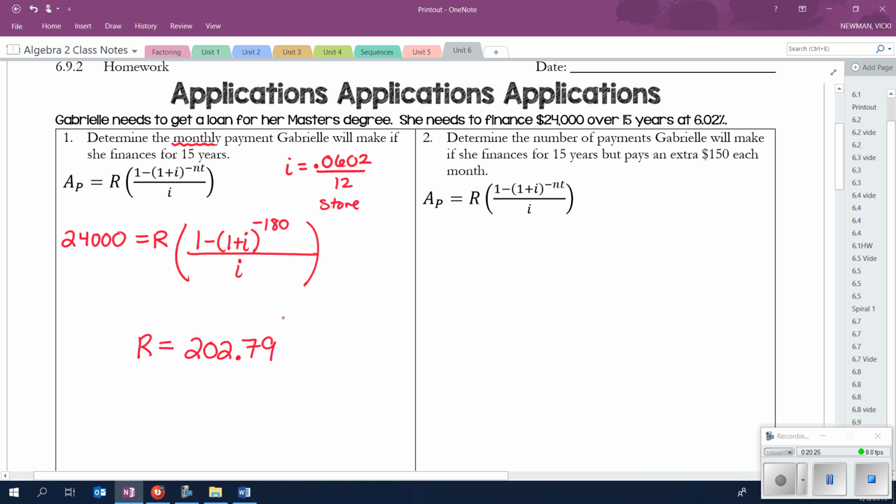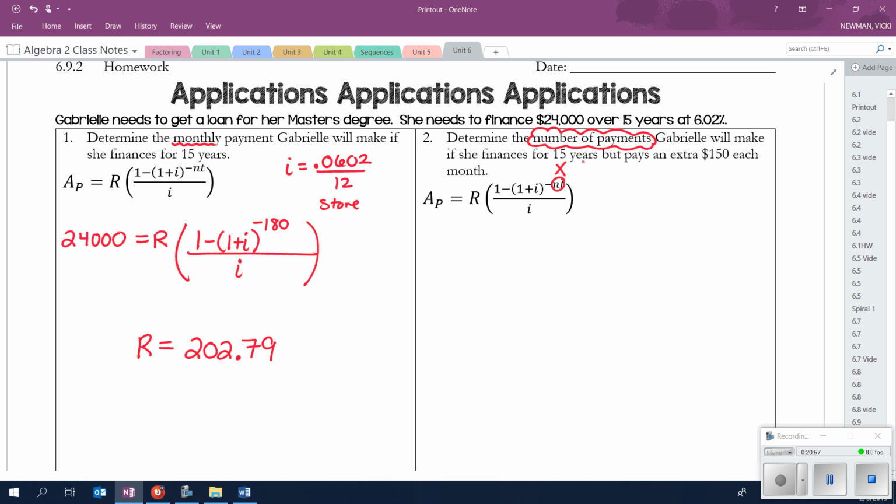Now, number 2. Determine the number of payments. So what are we solving for? N times T. So number of payments, N times T. So I'm going to call that X, right? Because things are going to get wild otherwise. Gabrielle will make, if she finances for 15 years, but pays an extra $150 a month.